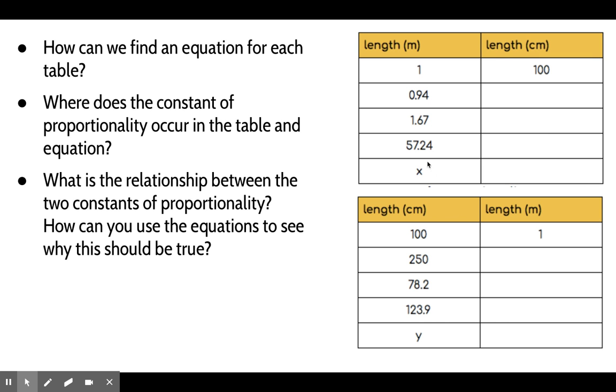And then for this one that's labeled X, well, we've already established that I must multiply everything by 100. So the value that's missing would be 100X.